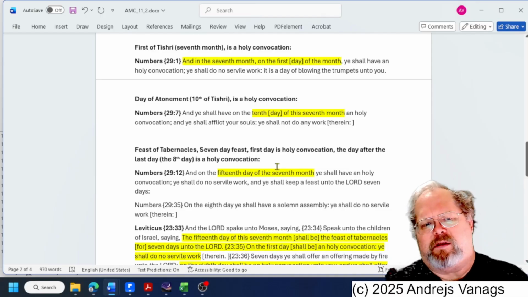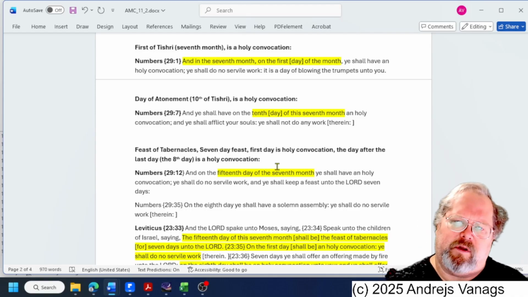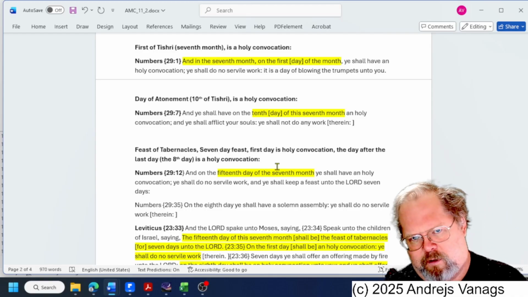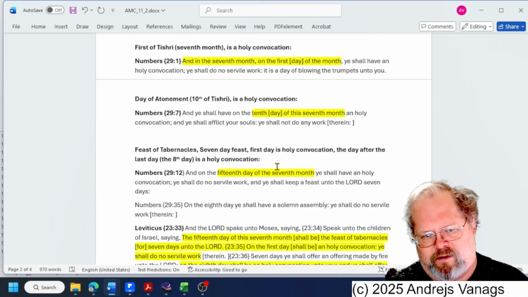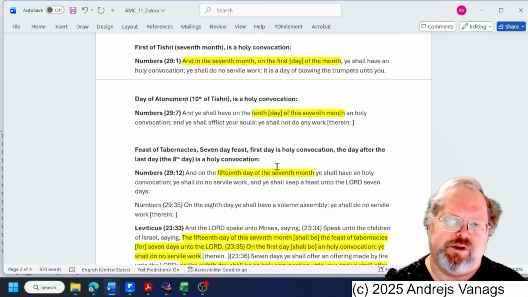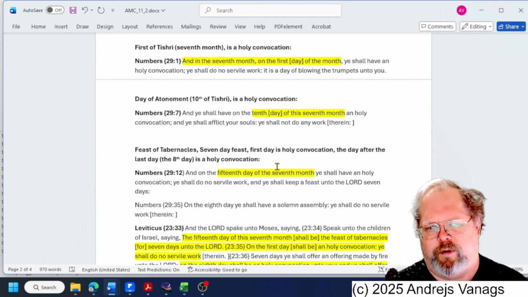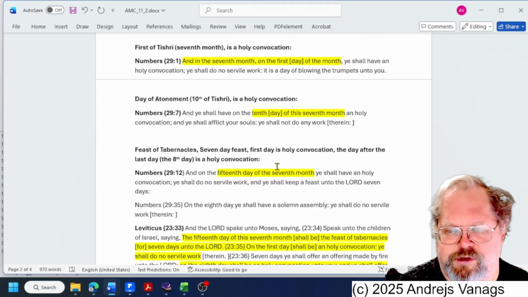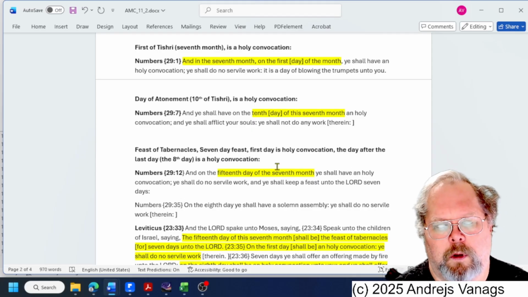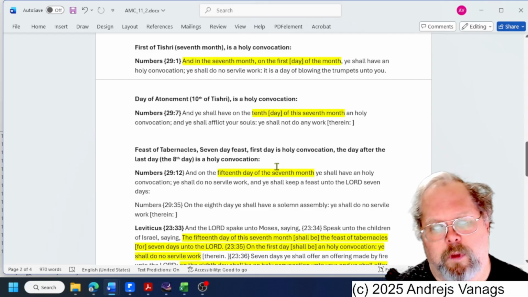When the feast ends, on the 7th day of the feast, the day after the feast ends is a holy convocation. That's why Jesus Christ was in the temple and he saw the adulterous woman. And also that's the day in which they tried to kill him. They were about to kill her, and they were about to kill him.